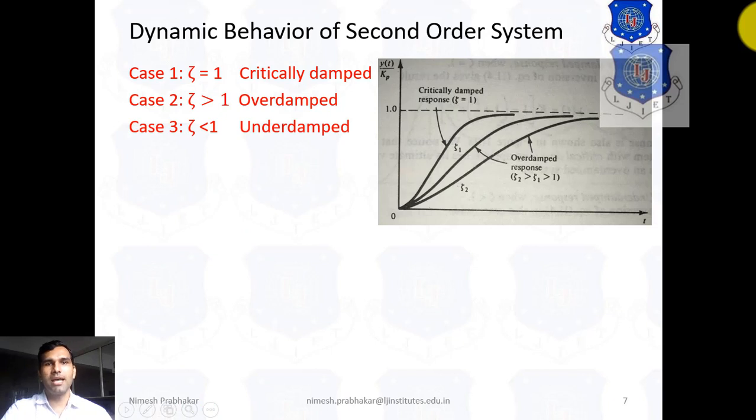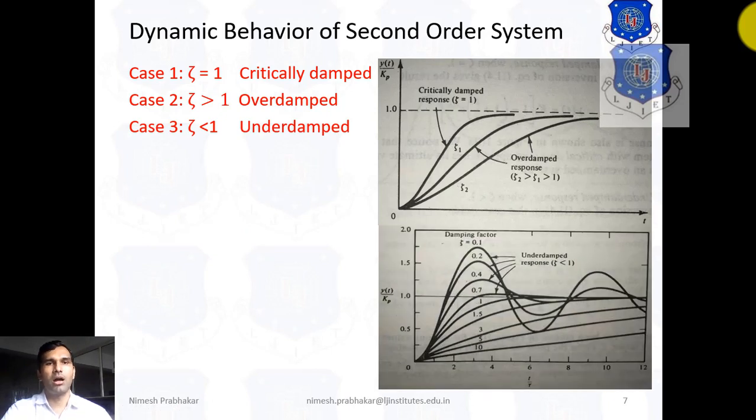Now when zeta is less than 1, the system is known as the underdamped system. See here, these are values of zeta less than 1: 0.7, 0.4, 0.1. So the damping factor is less than 1, and this response is known as the underdamped response.